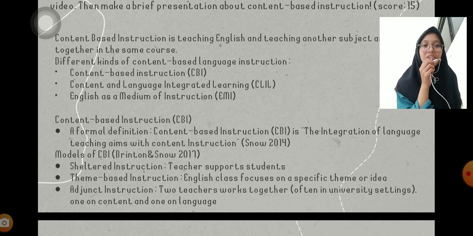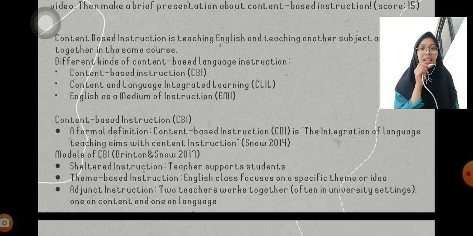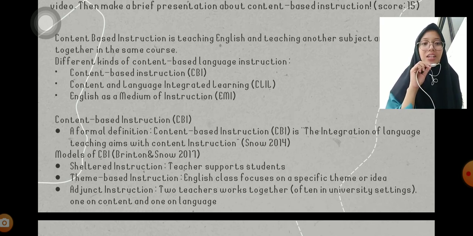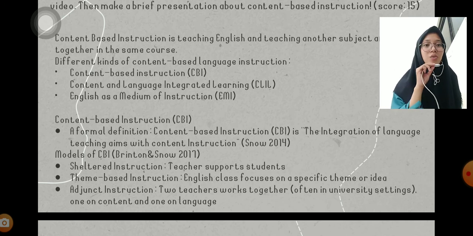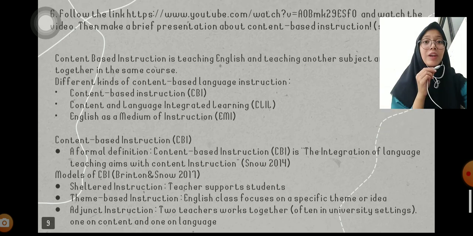First, sheltered instruction, where the teacher supports students. Then theme-based instruction, where the English class focuses on a specific theme or idea. And the last, adjunct instruction, where two teachers work together, often in university settings, one for content and one for language.